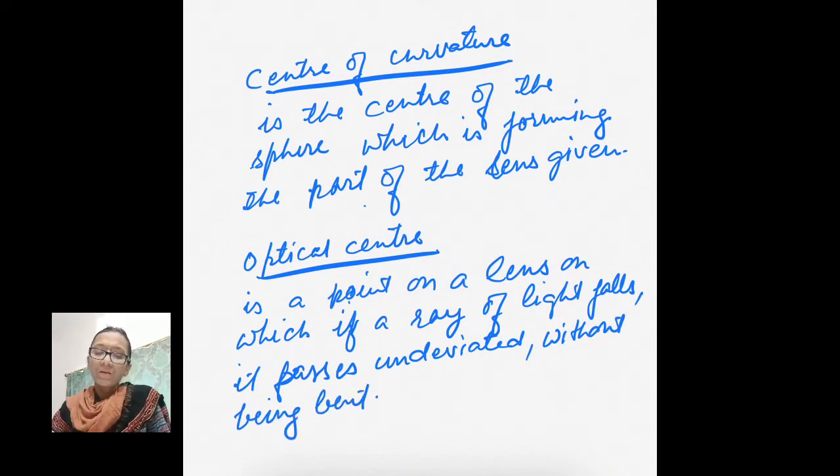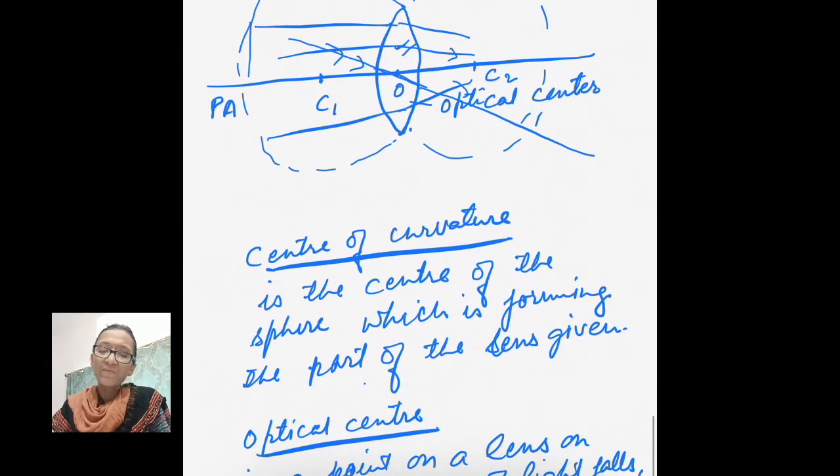Okay, so we defined principal axis, center of curvature, and optical center.